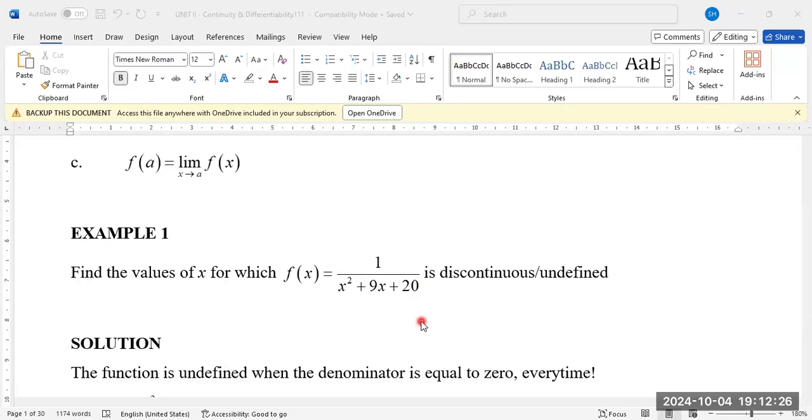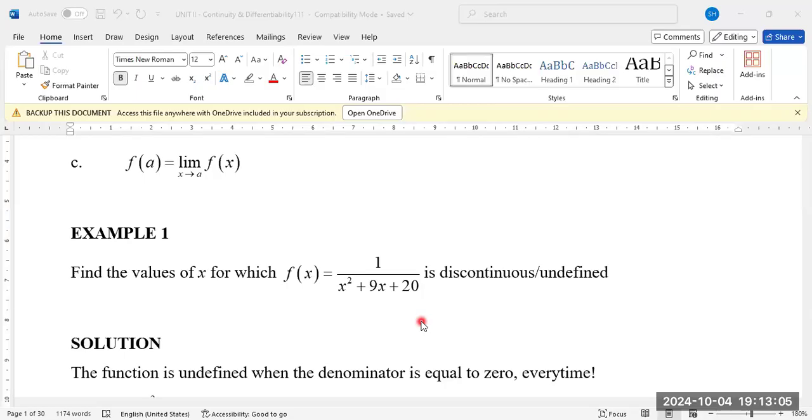When we evaluated the limit, we got 5/0, and we said the limit of the function is undefined. Why did we say it's undefined? Because the denominator was equal to 0. Hear my story. I'm a storyteller. The story says the function is undefined when the denominator is equal to 0 every single time.